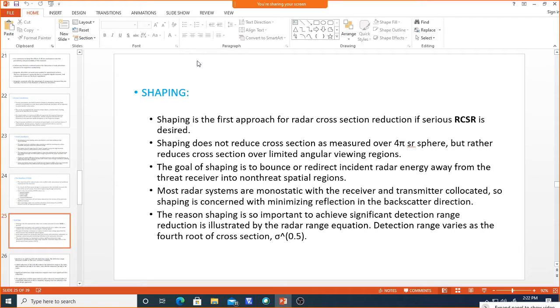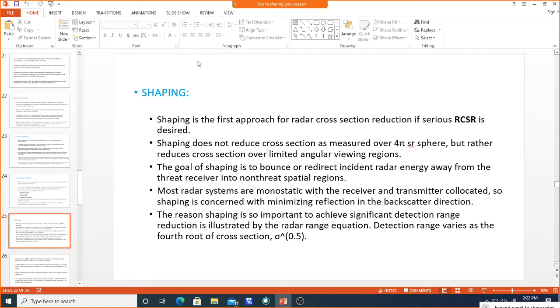As I said, shaping is the first approach for reducing radar cross section, because we can modify the structure with respect to the angle of arrival of incidence. According to that, we can produce the echo signal, and we can reflect the energy away from the direction of the radar receiver. That's why shaping is one of the important and first techniques used for reduction of radar cross section.